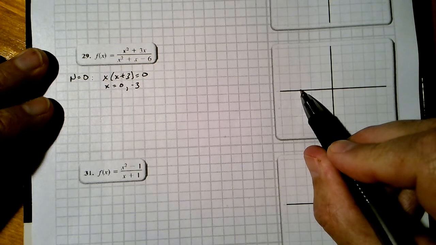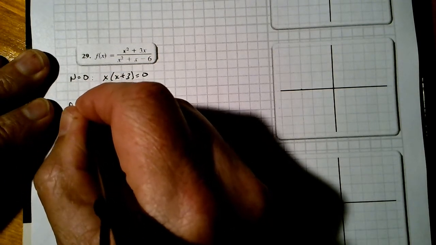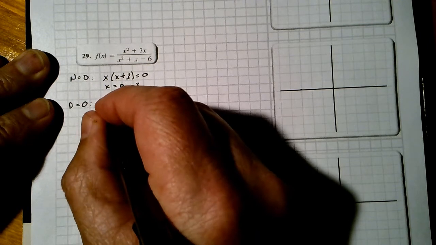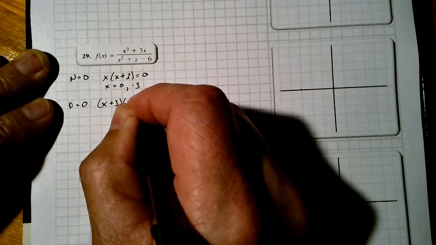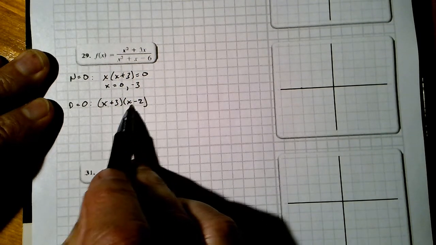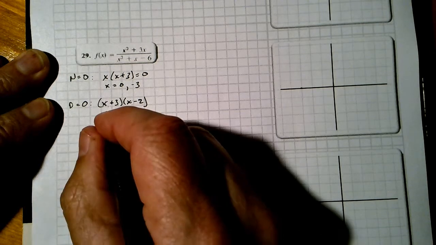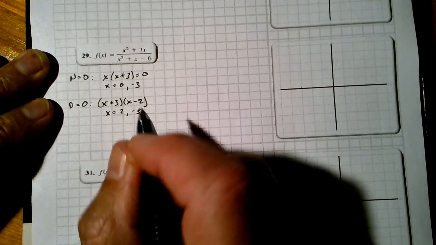However, maybe not. Maybe there's a hole in the graph. Denominator equals 0. X plus 3 times x minus 2. X squared minus 2x plus 3x. Yep, that's x equals 2 and negative 3.